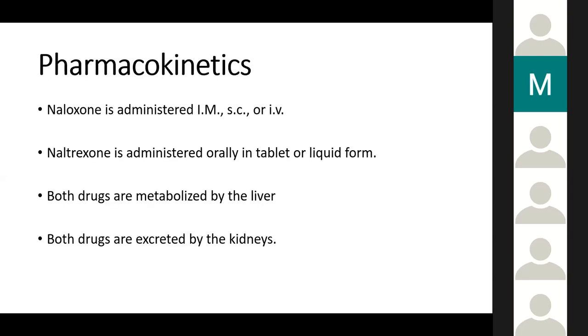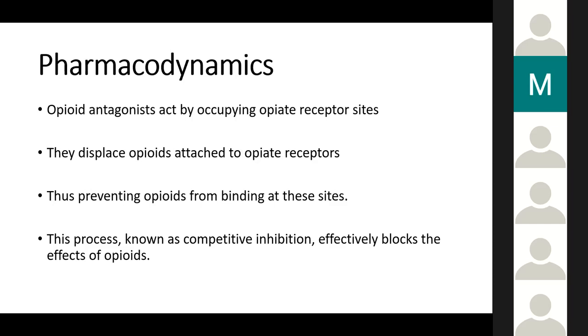Naloxone is given IM, subcutaneous, or IV. Obviously, bioavailability for IV is 100%. Naltrexone is administered orally in tablet or liquid form, and both drugs are metabolized by the liver, and both are excreted by the kidneys.